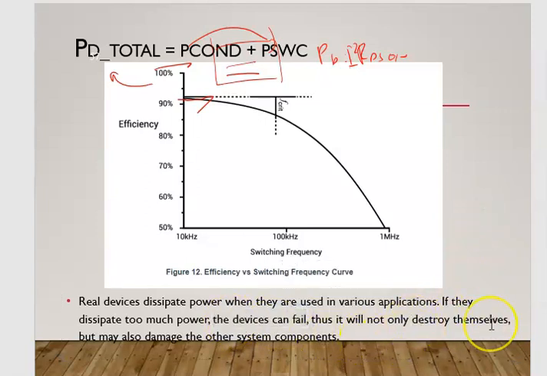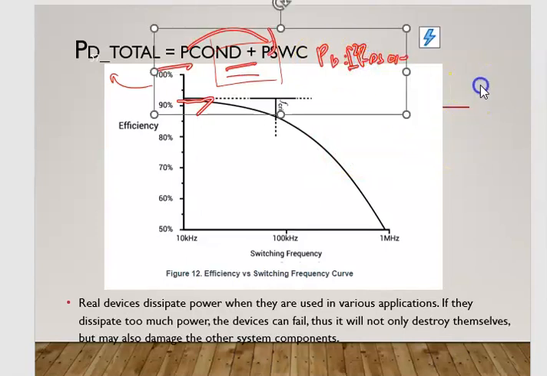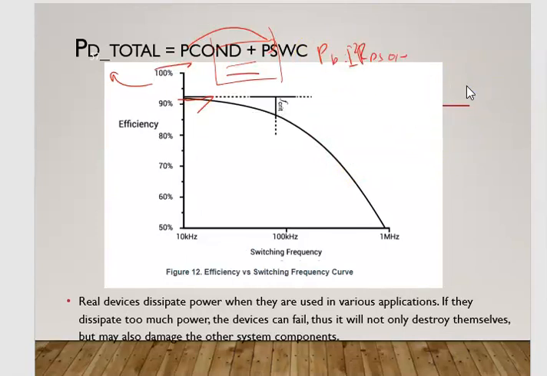So it does not only destroy the device itself, but the other parts of the system as well. And the power device is the main part inside our converter, so once your component is damaged, the whole system breaks down.